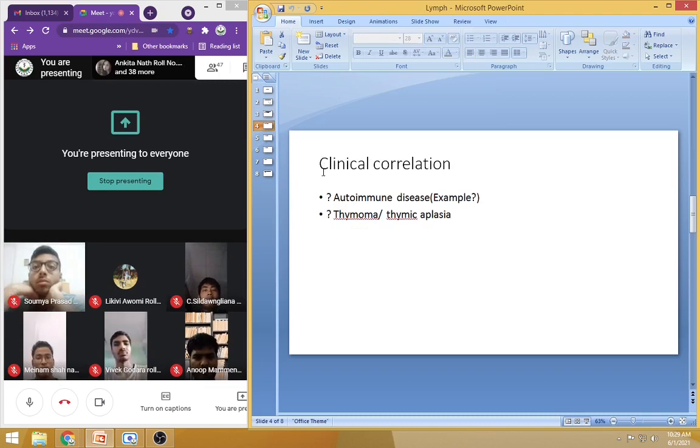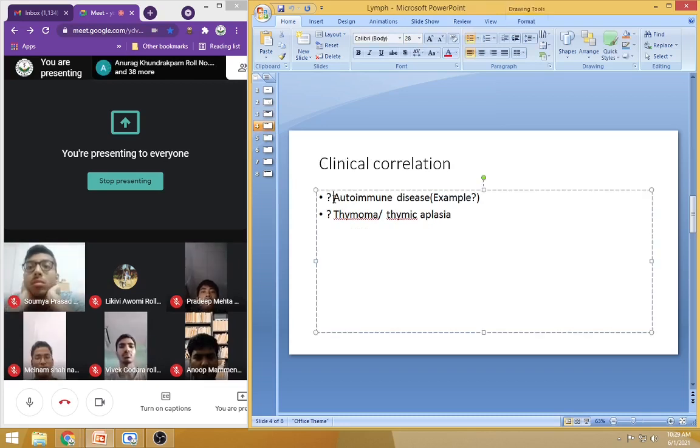Now, when I talk about immunity, there are certain diseases where there will be thymic aplasia or thymic hyperplasia, right? Say in chronic disorders, there will be inflammation and your lymph glands will be enlarged. Have you ever had an experience where your lymph glands are bigger, right?